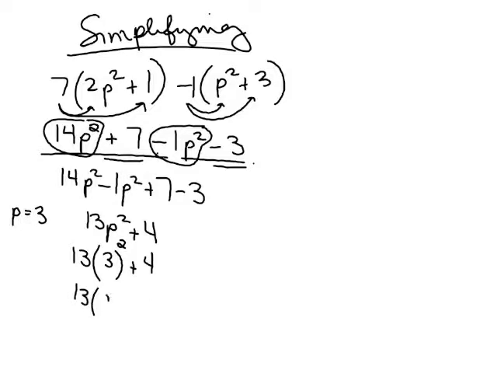So this turns into 13 times 9 plus 4. 13 times 9, 117, plus 4 equals 121. So if I'm given a number to solve an equation, it's generally easiest to simplify and then plug in my variable.